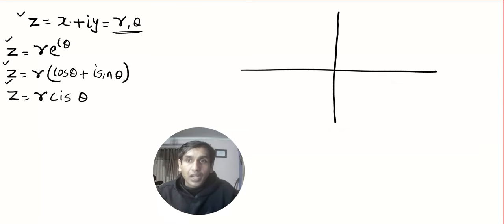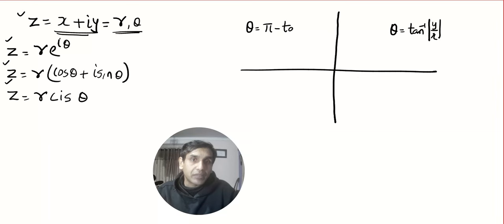Suppose our Cartesian complex number is in the first quadrant, then theta is given by tan inverse the positive value of y by x. If it is in the second quadrant, then it is given by tan inverse mod y by x, but I am going to subtract it from pi.